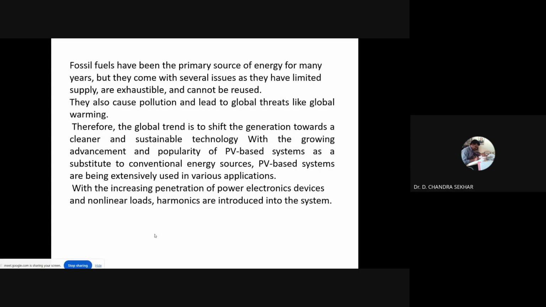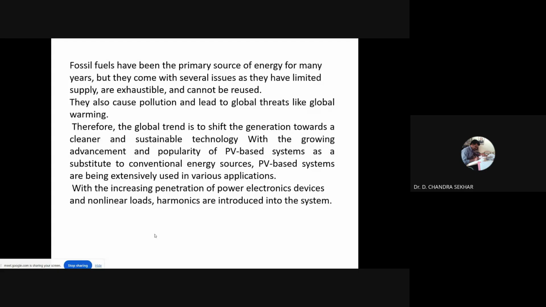So fossil fuels have been the primary source of energy for many years, but they come with several issues as they have limited supply, which is exhaustible and cannot be reused. They also cause pollution and lead to global threats like global warming. Therefore, the global trend is to shift the generation towards clean and sustainable energy.